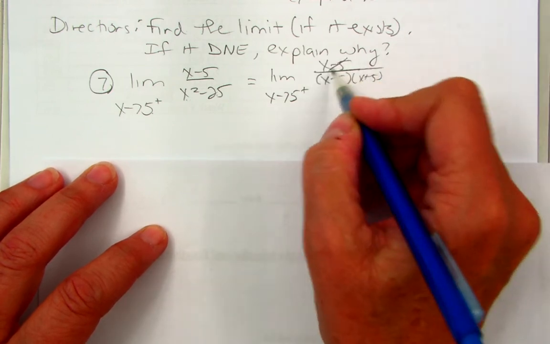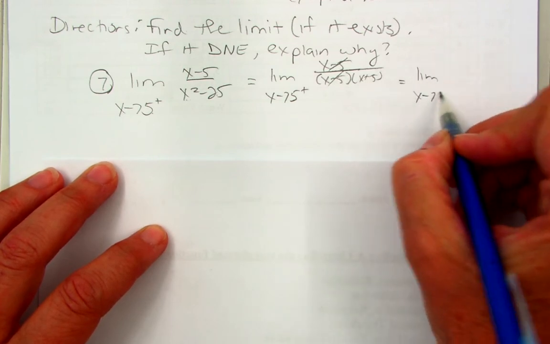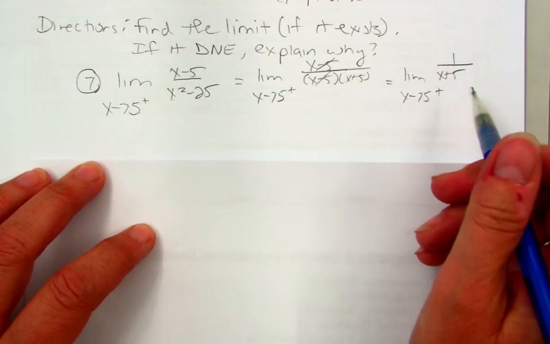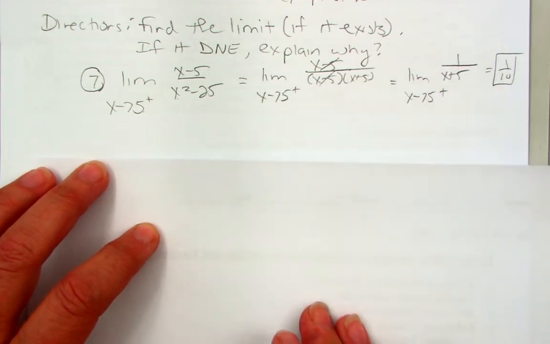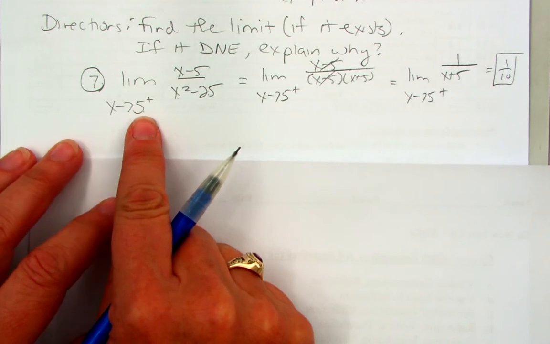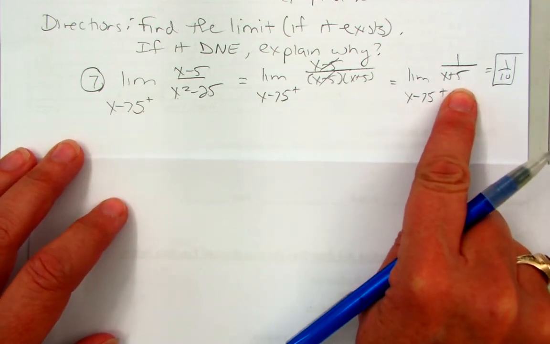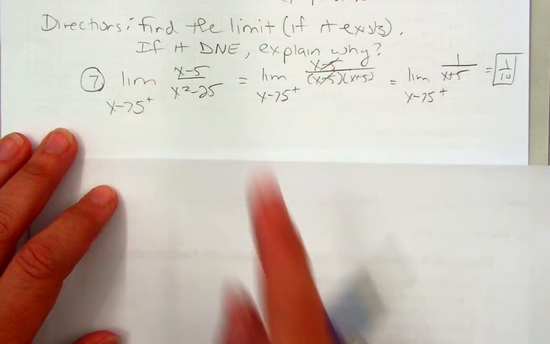So yes, it feels like we're doing review, and we are doing some review. Now I'm going to do direct substitution. There's the limit. And yes, I know it says from the right, but it just doesn't matter. It exists. So if it exists, it doesn't matter if I say right and left or I don't put the plus there at all.